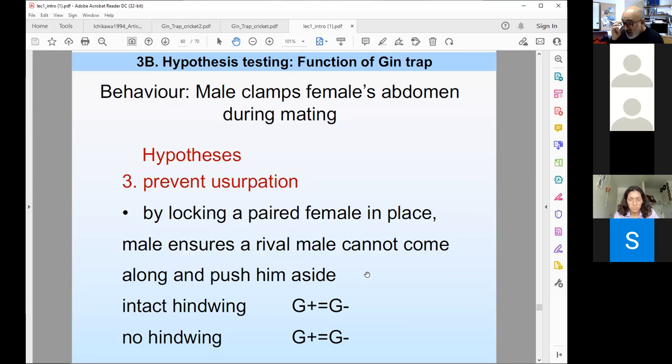The experimental design that I'm going to describe does not have a rival male as part of its experimental design.